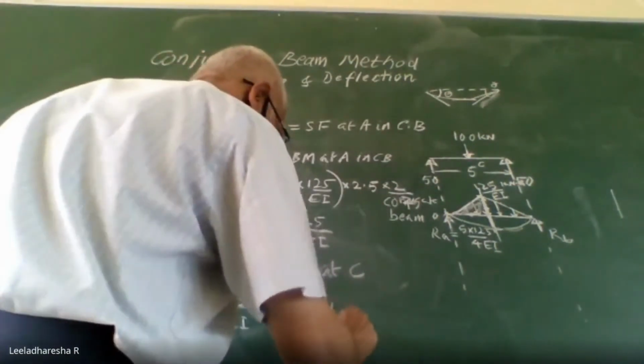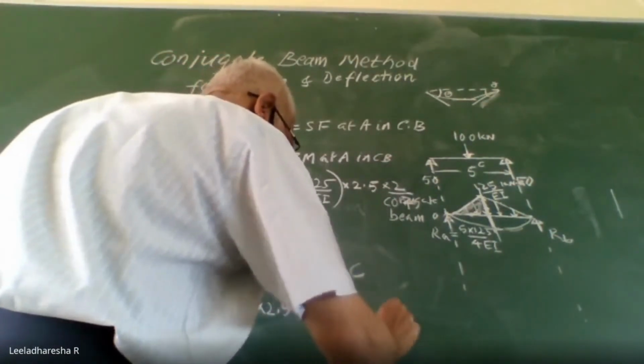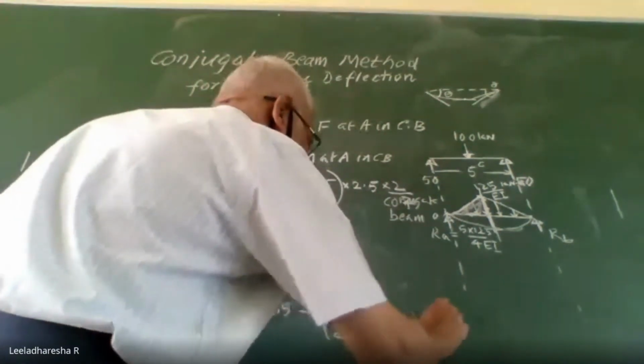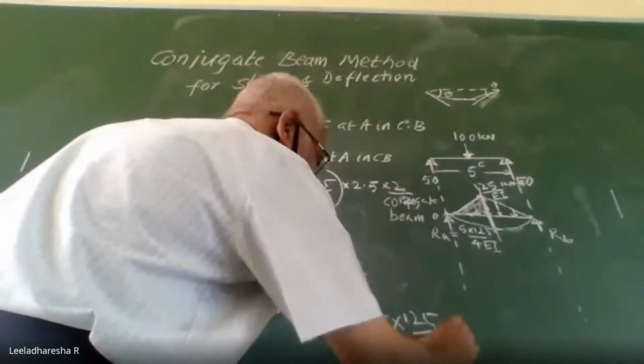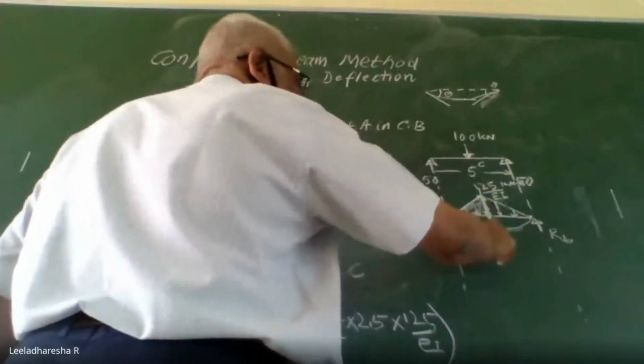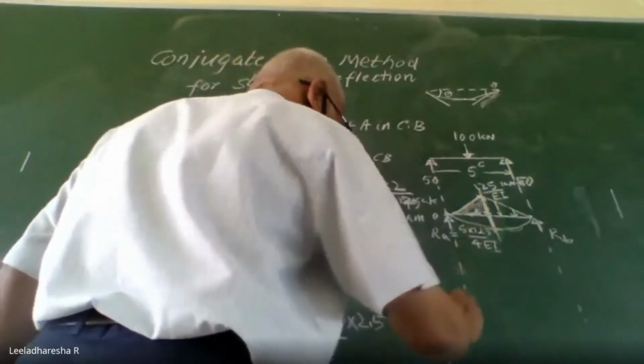half into base 2.5 into height 125 by EI into the distance where it lies. Your section is here, 1/3 of 2.5.